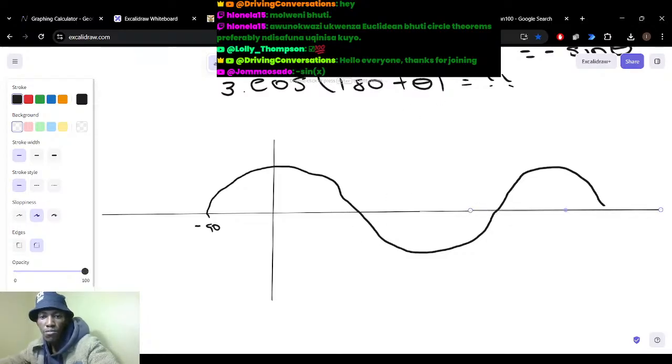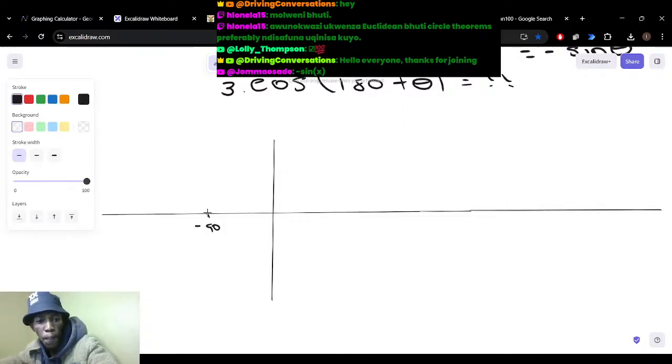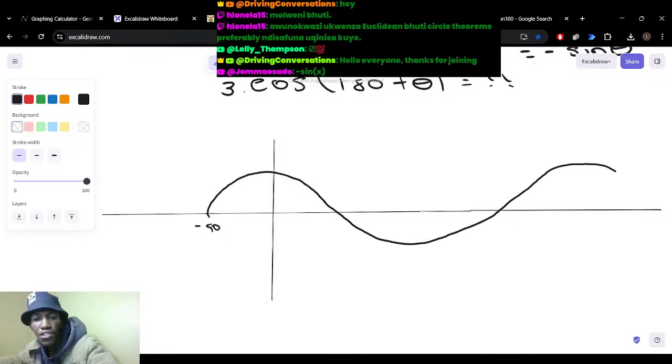Okay, let me just redraw this because it's messy. Yeah, much better. So this is cos theta. So this is 90, this is 180. I'll just drop this off.